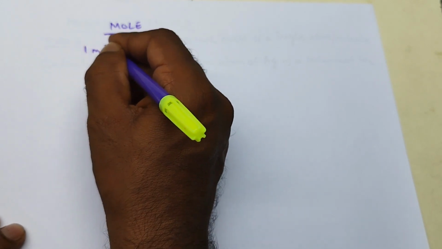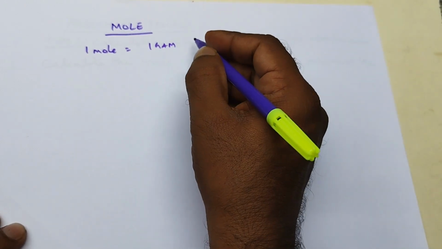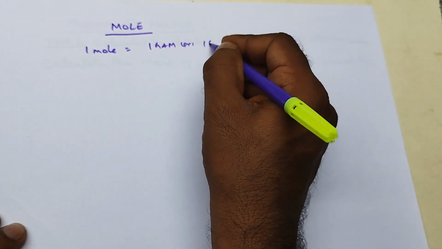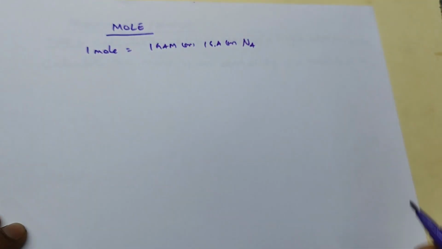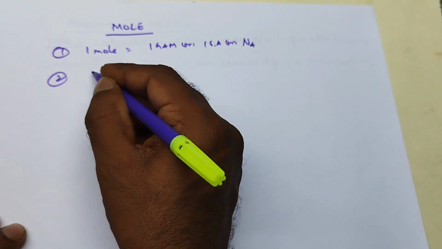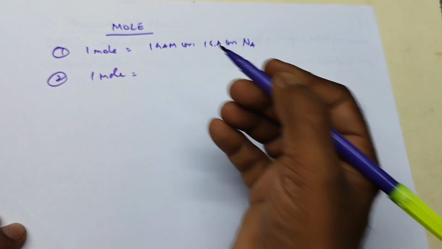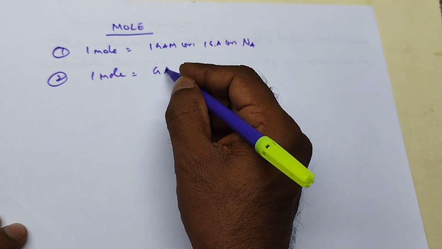1 mole is nothing but 1 gram atomic mass, or simply 1 gram atom, or simply Avogadro number of particles. Sometimes if it is a molecule, then you have to say gram molecular mass.